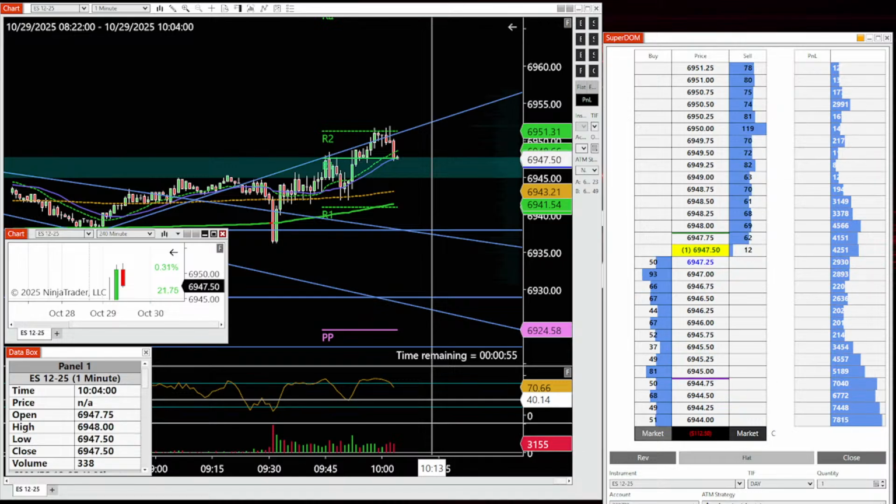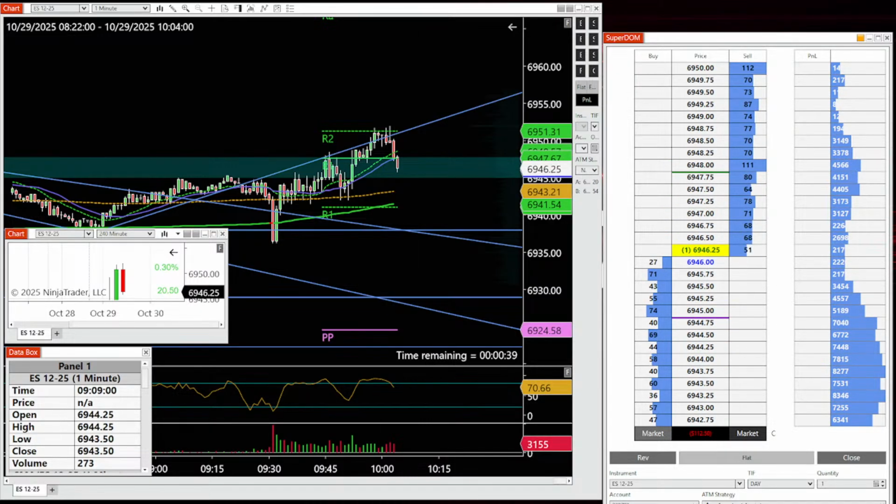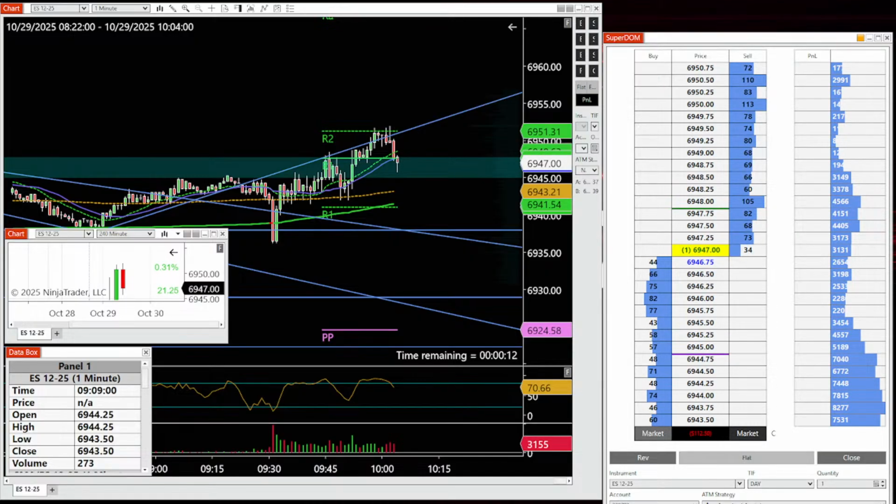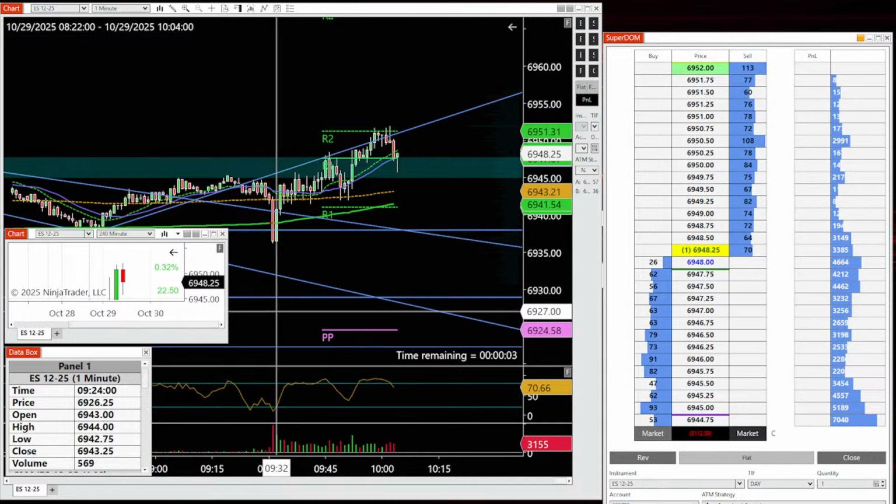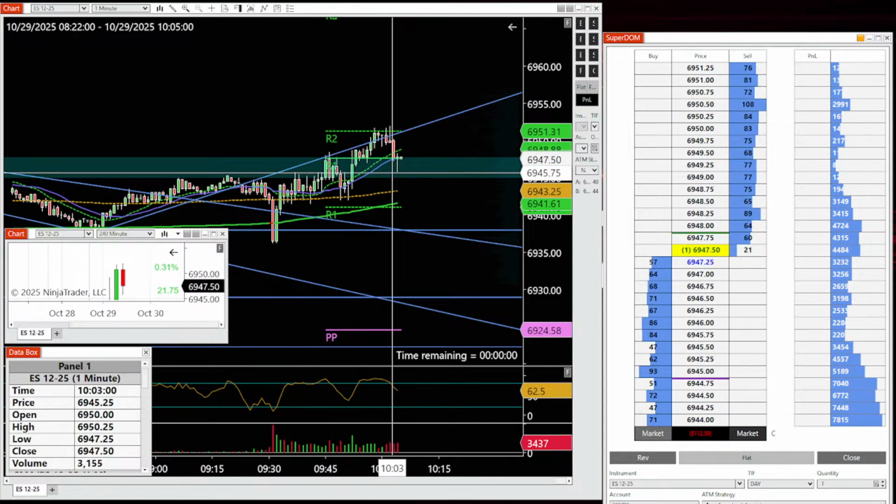But again, dipped above the trend line, came back in.